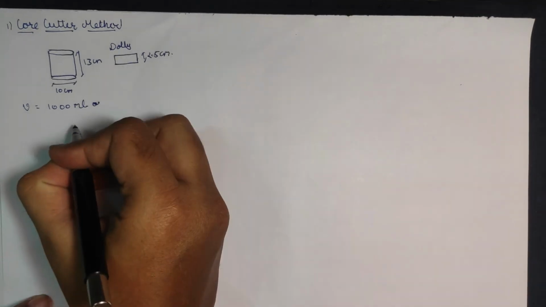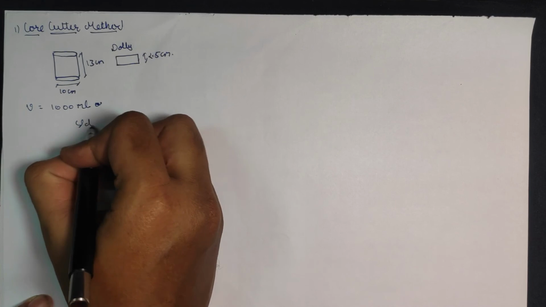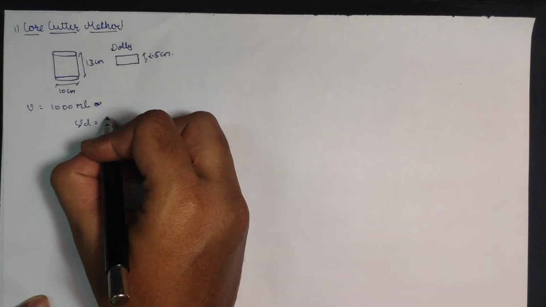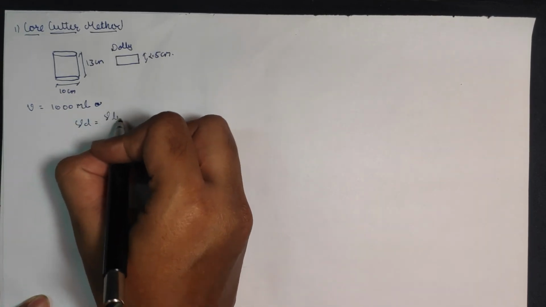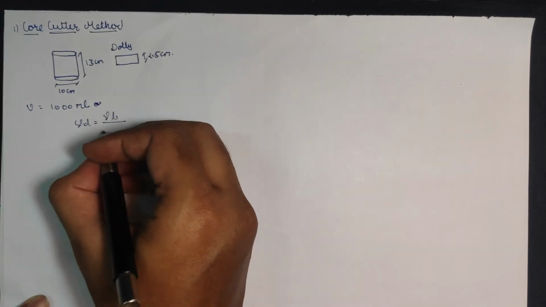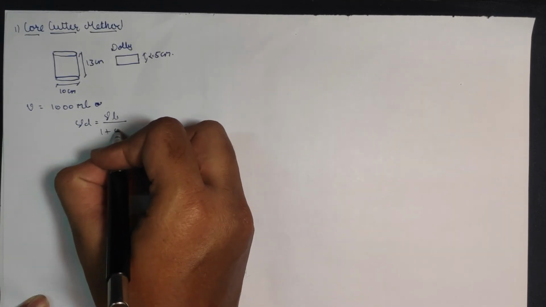The formula which is used to calculate the dry density or the bulk density from the core cutter method is gamma D is equals to gamma B upon 1 plus water content.